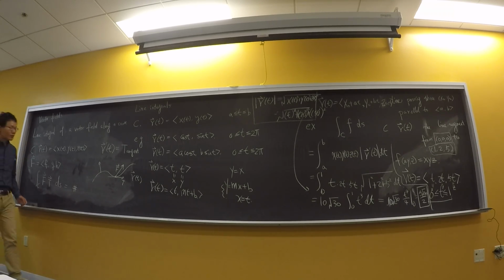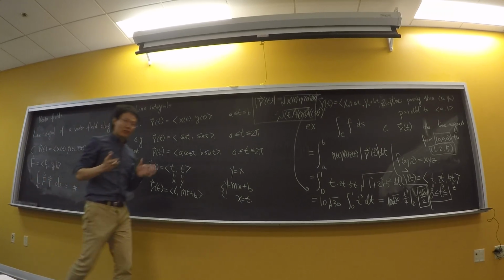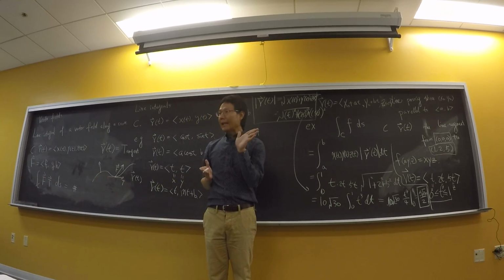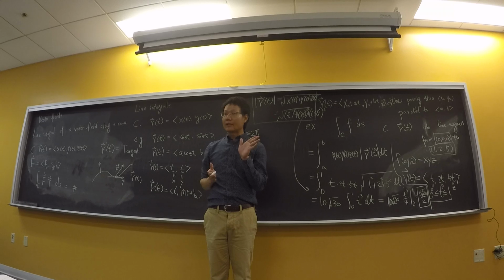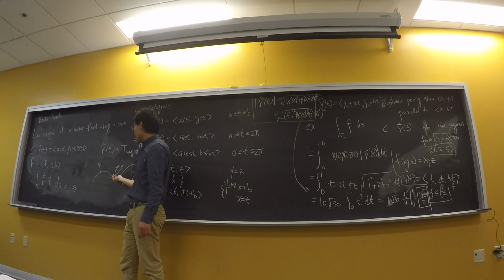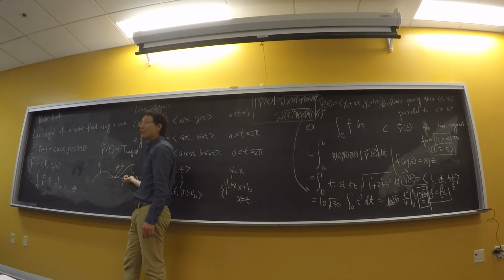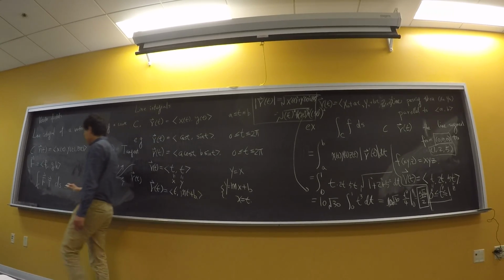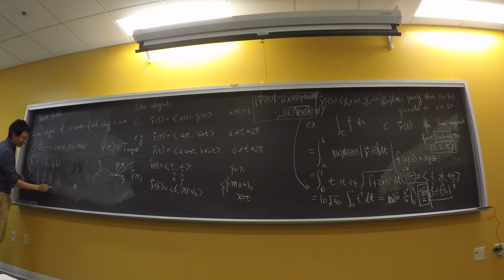Okay? In other words, imagine if you're pulling a train along the curve and you want to get your work done as efficiently as possible, which direction will you pull? You have to pull in the same direction as the tangent at every single point. And that is also reflected in the formula. If I want to maximize the dot product, I have to make sure these two are parallel, or these two are pointing in the same direction.